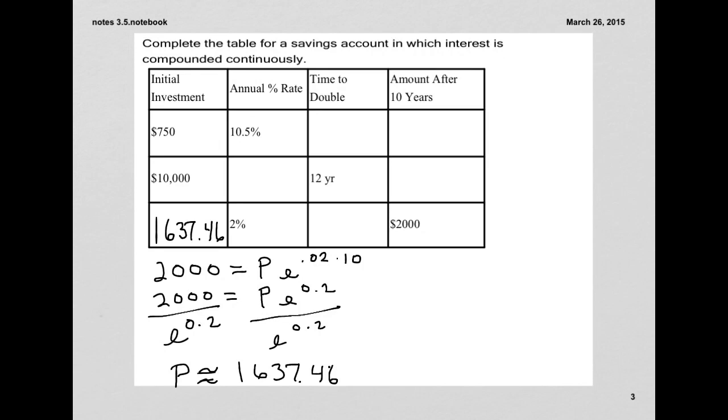Okay, the last thing we need to do is find out how long it takes to double. So we have my double amount, which is $3,274.92, and that's equal to my initial investment of $1,637.46 times e to the 0.2t.